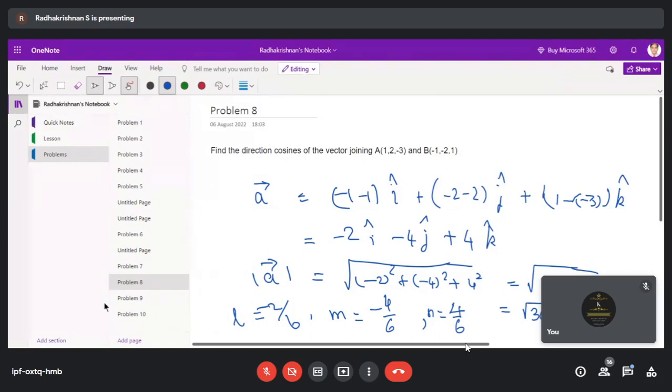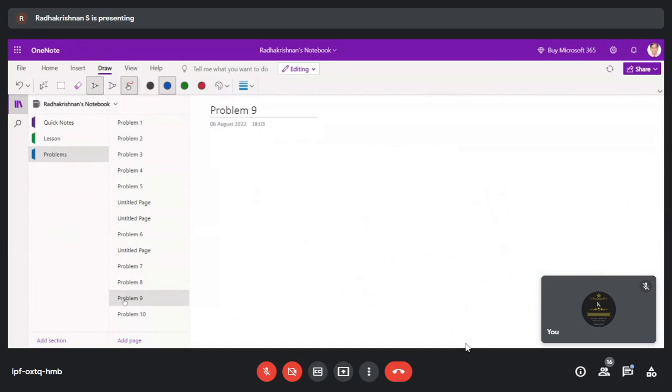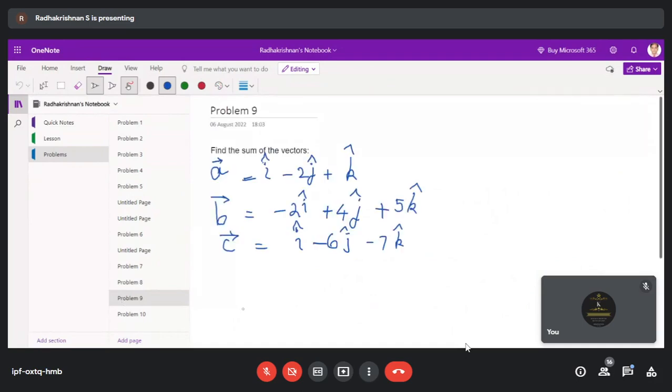Okay, let's go to another problem. Find the sum of these 3 vectors. A is i cap minus 2 j cap plus k cap. B equal to -2 i cap plus 4 j cap plus 5 k cap. C equal to i cap minus 6 j cap minus 7 k cap. So what is A plus B plus C?